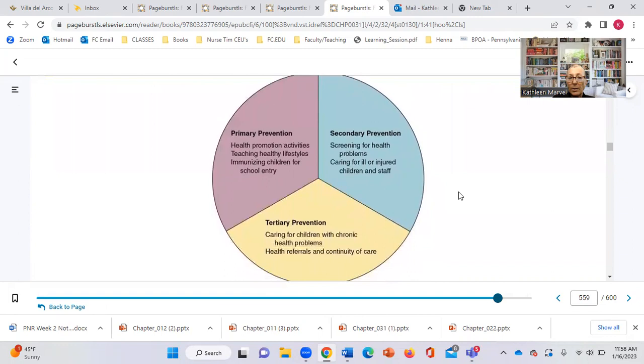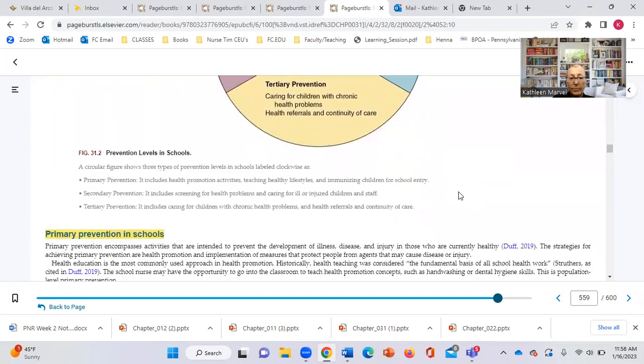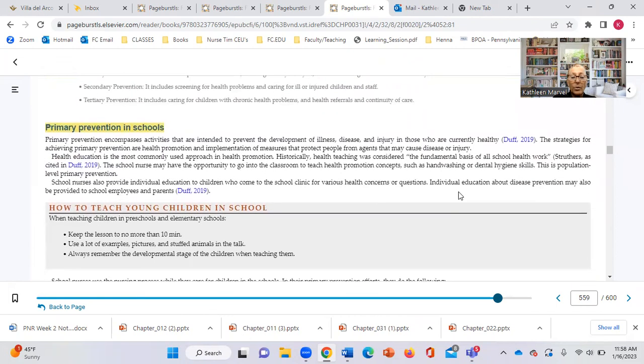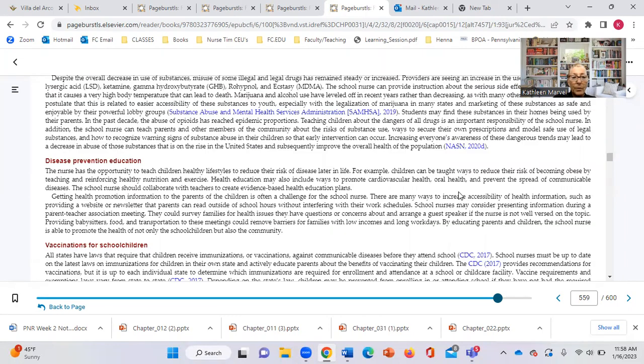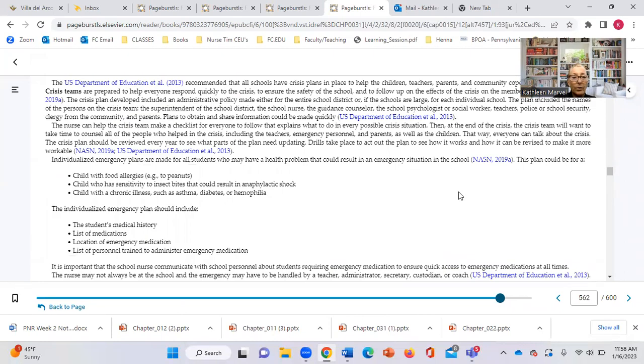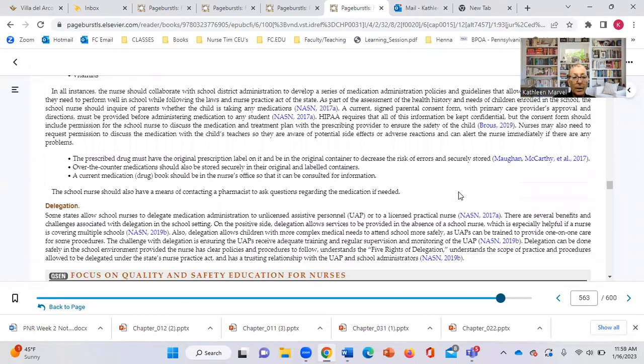Here's a nice little visual of primary, secondary, and tertiary, Figure 31.2. I would suggest you read these sections. They go through it in much greater detail. They're pretty long sections, but I think they give you a very good understanding of primary, secondary, and tertiary.